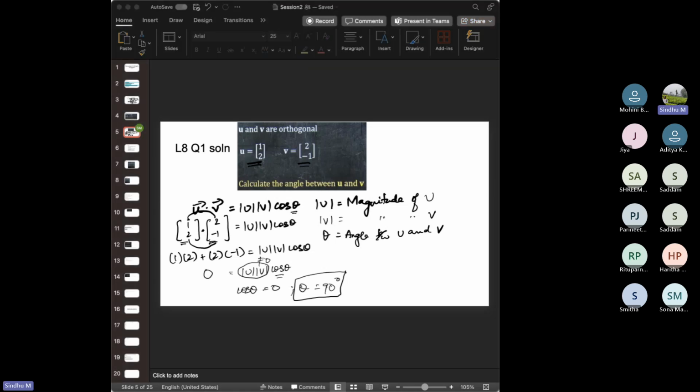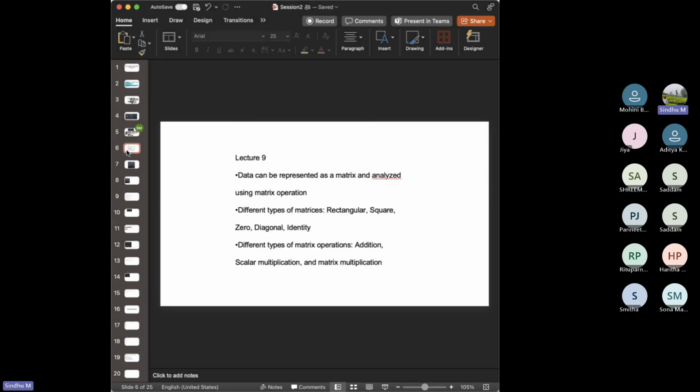Okay, so if there are no questions, we can then move on to the next week's content. In the next week, from vectors, we moved on to matrix. If A is a matrix, then it's written within these square brackets.